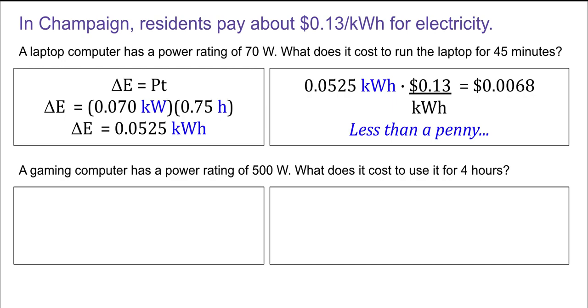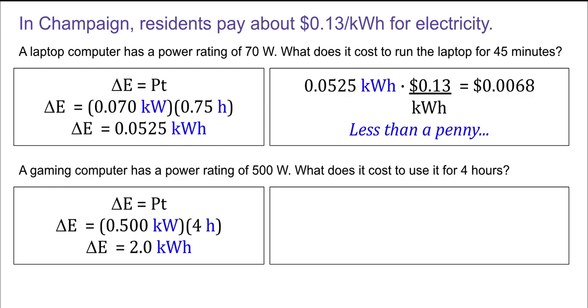Now, our gaming computer has a much higher energy use, and we're using it for a longer amount of time. So I would need to, again, change that 500 watts to kilowatts. The time is already in hours, all right? So we would be taking 0.5 kilowatts times 4 hours.